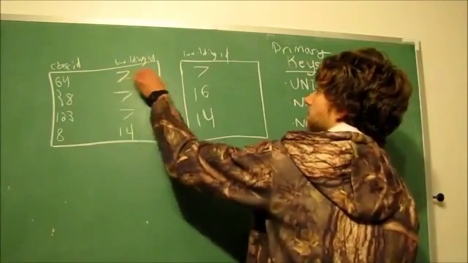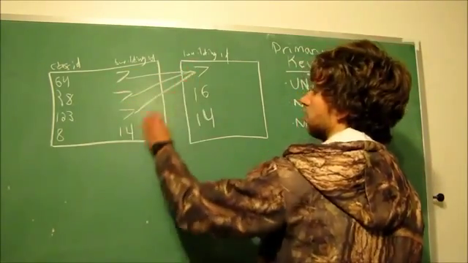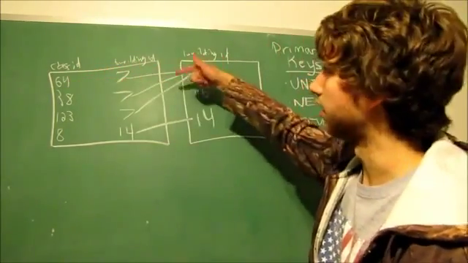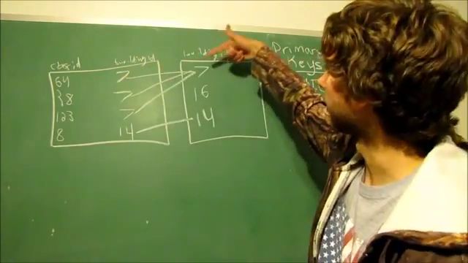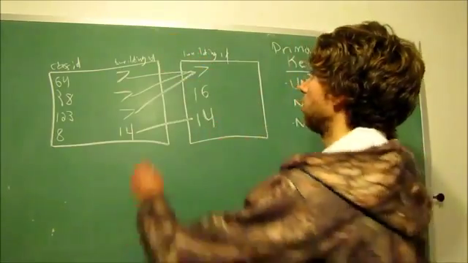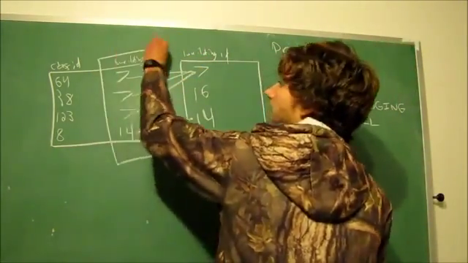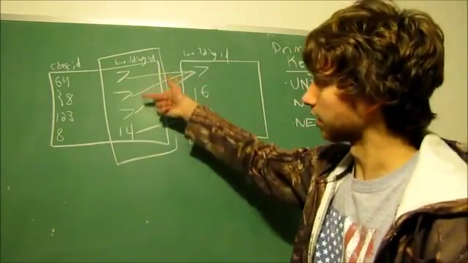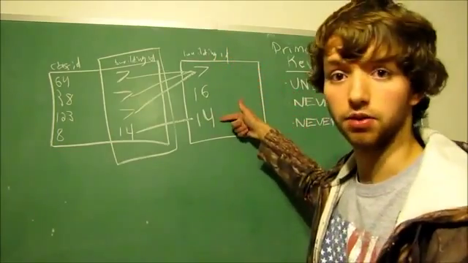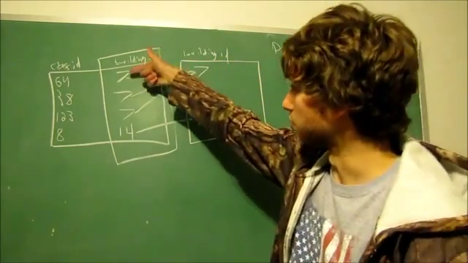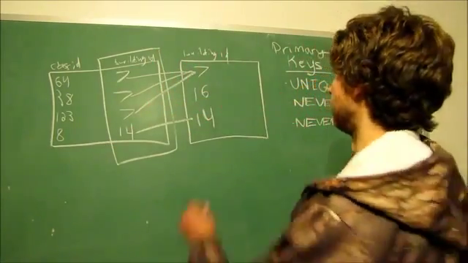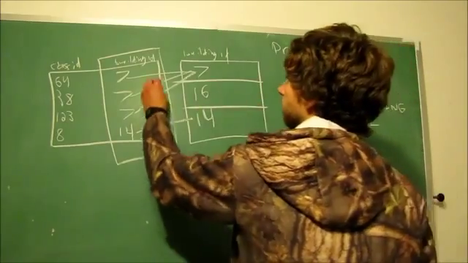Well, you can see that there's a connection between every single value, every single row within this class table has a connection with a building ID. So the entire column, building ID, has the rules that every single value within that column has to point to a value within the building ID of the building table. Now each individual row has a value that points to a specific row within the building ID.